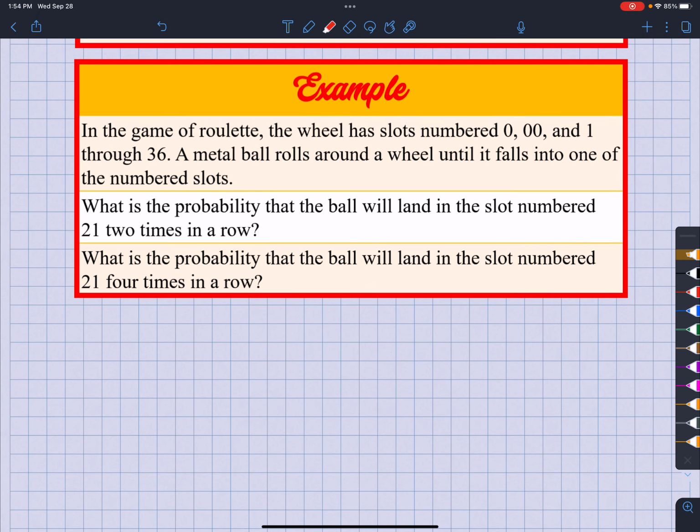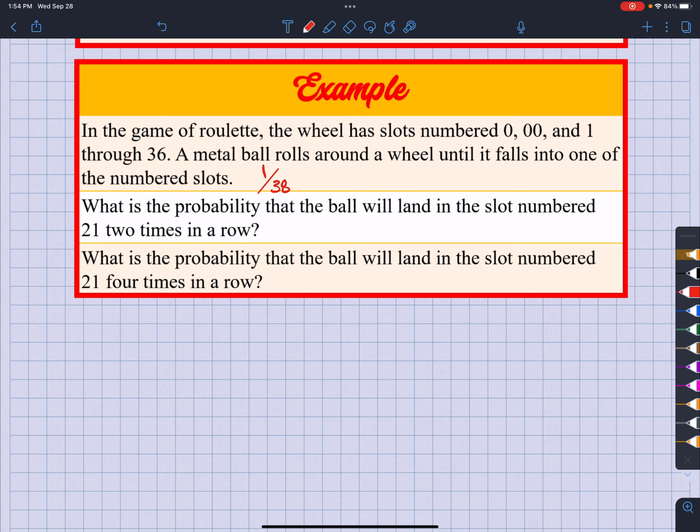For example, in the game of roulette, the wheel has a slot of 0, 00, and 1 through 36. The metal ball rolls around the wheel until it falls into one of the number slots. That means each slot has a chance of 1 out of 38, because there's 0, 00, and then 36 other slots.